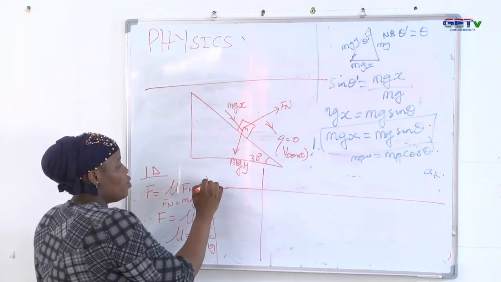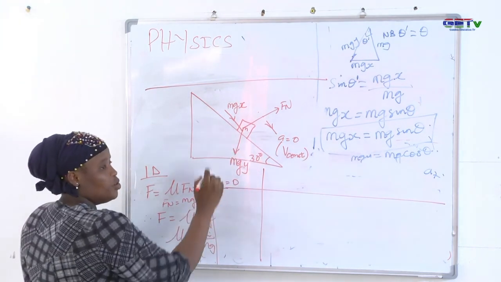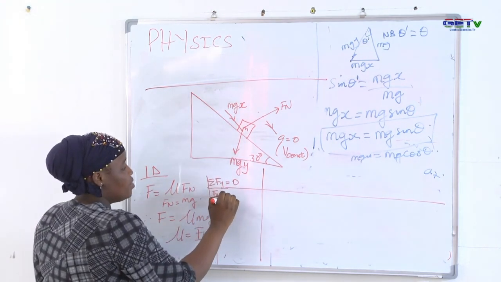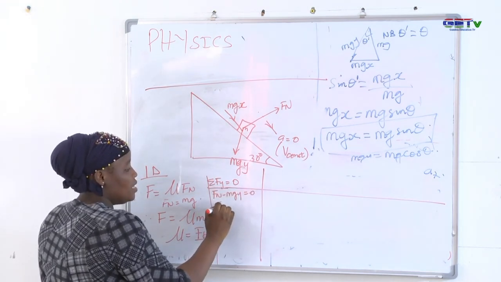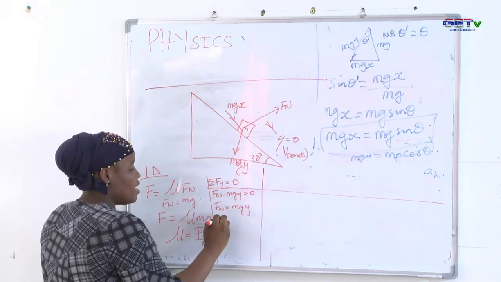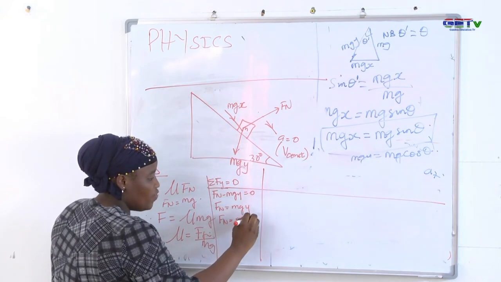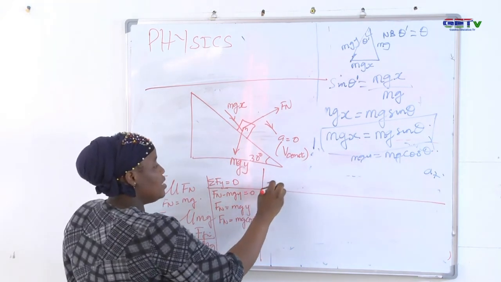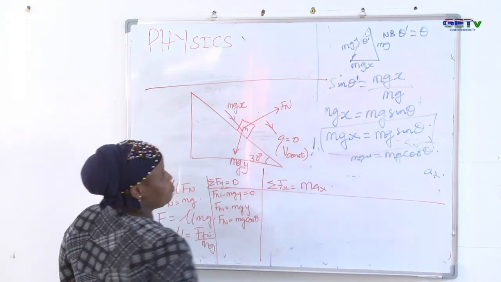Let's deal with the y component. We know sum of F in the y-axis will be 0, and that will be Fn minus mg of y is equivalent to 0. And that simply tells us Fn will be equivalent to mg of y, but then mg of y is just mg cosine of theta. And the forces in the x-axis will be equivalent to ma of x.